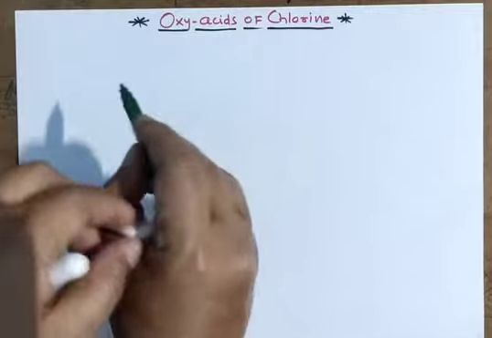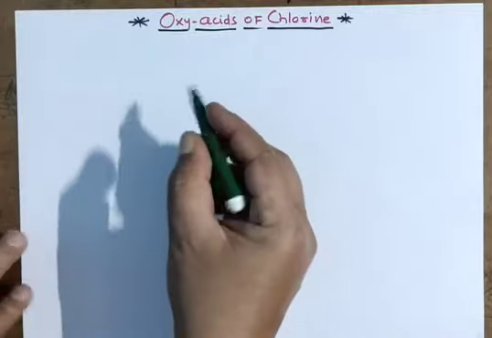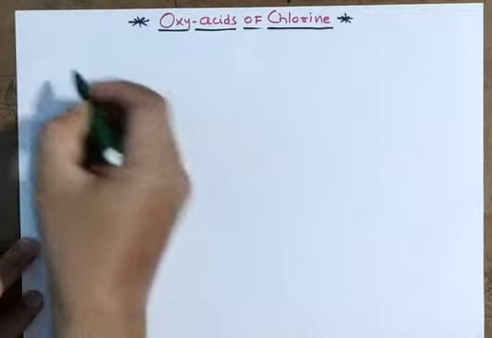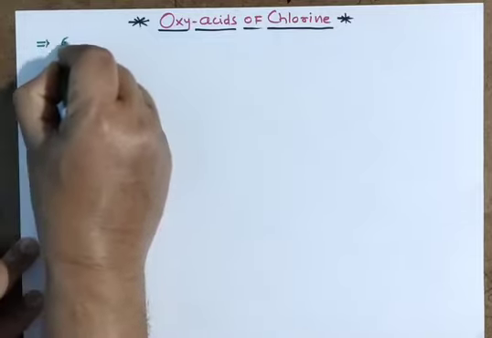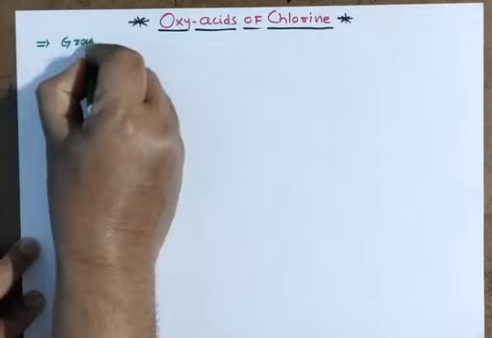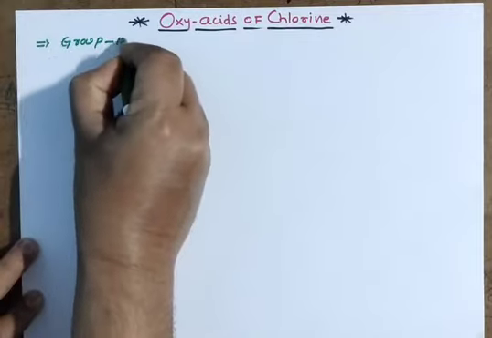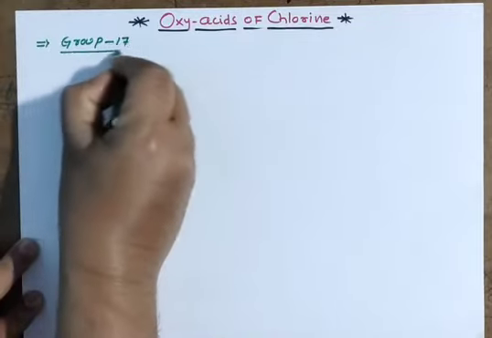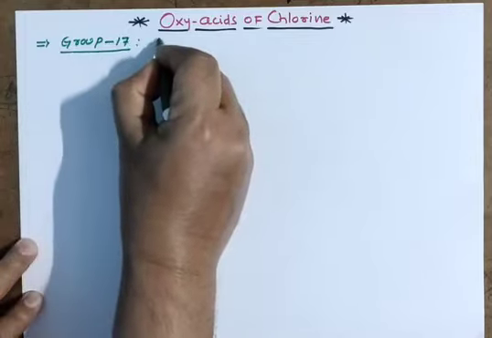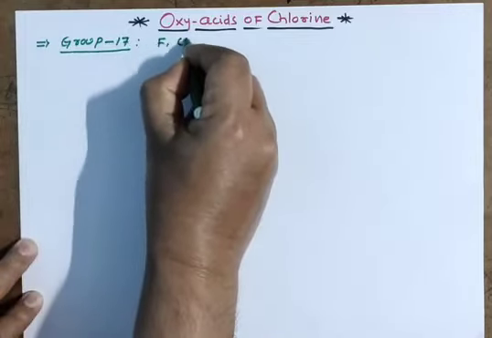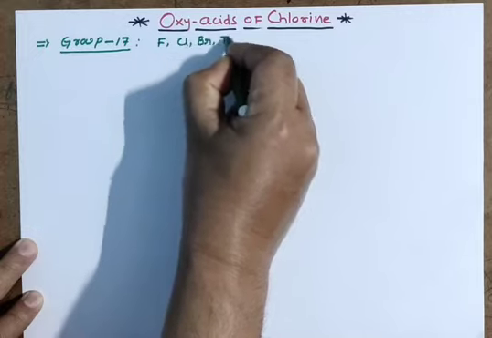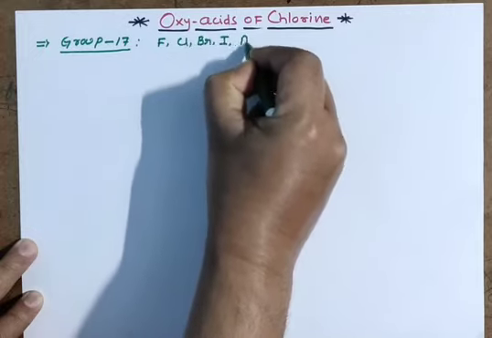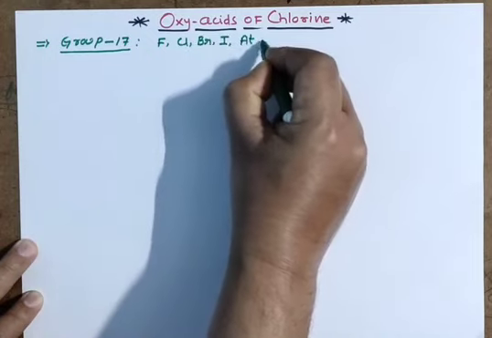Oxyacids of chlorine, group 17. Group 17 elements: fluorine, chlorine, bromine, iodine and astatine.